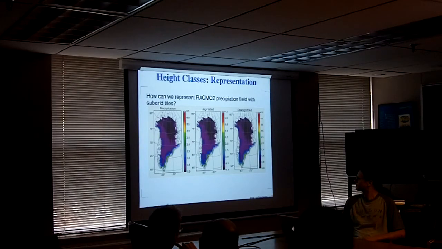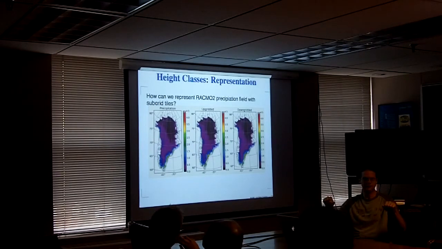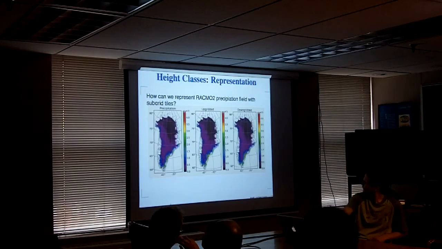So this gives credence to our idea, the original idea of height classes, that 2 portions of a grid cell that are at the same elevation should behave similarly. And this is showing that maybe there is something to that hypothesis. Maybe it's not just pure imagination. And so actually, I think if I got a surface mass balance field that looked like this out of ModelE, I'd be ecstatic.